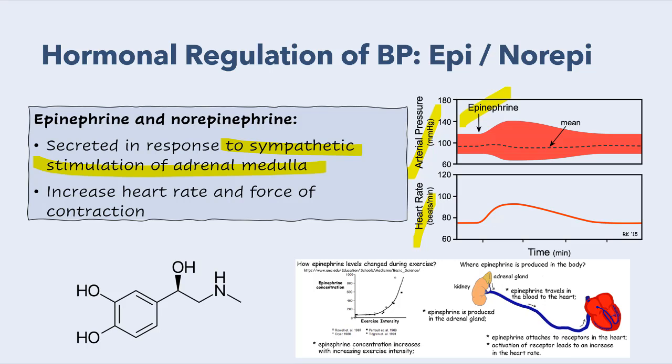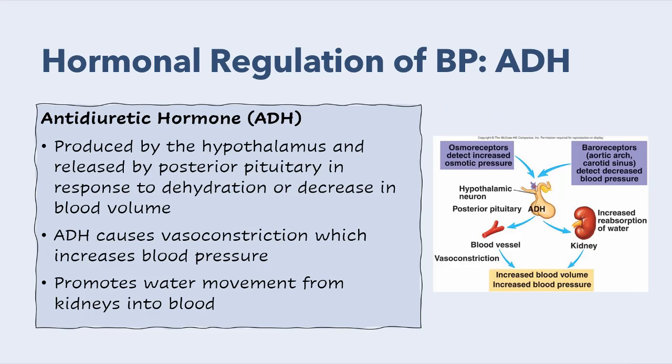If the blood pressure is low to begin with, that will stimulate the sympathetic division to cause the heart to beat more, faster, and also cause vasoconstriction, which in general, all of that will bring the blood pressure back to normal.